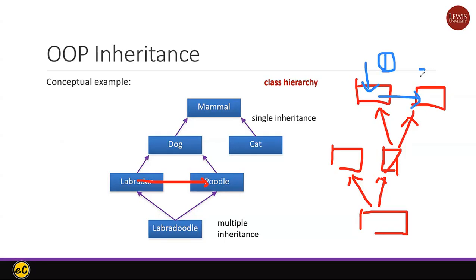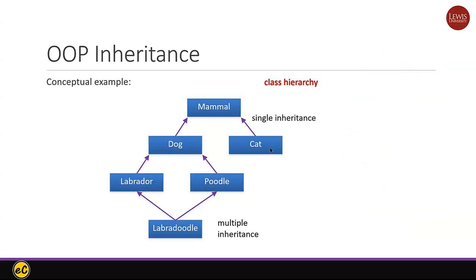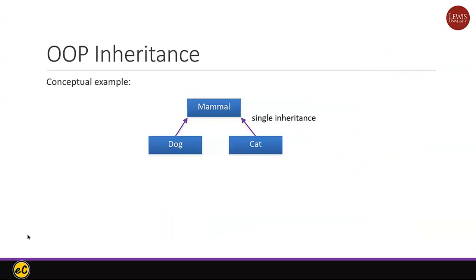So it's 1, 2. Okay, finished. And then you go to 3 and 4, and then this one. It's very complicated. Anyway, let's call it MRO.